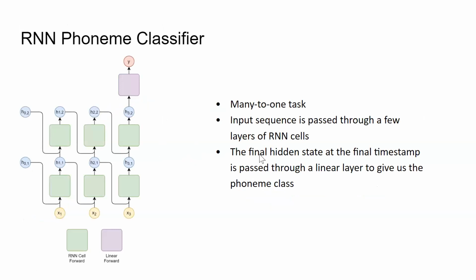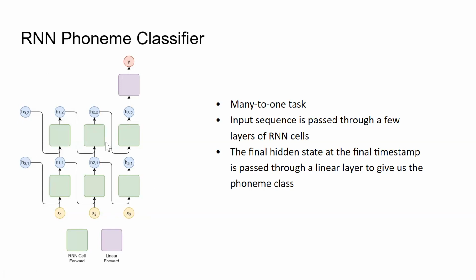After we implement a single RNN cell, we will want to connect a few of them to make an RNN phoneme classifier. You can see here we have a few of them, and each of these columns represents an RNN cell.